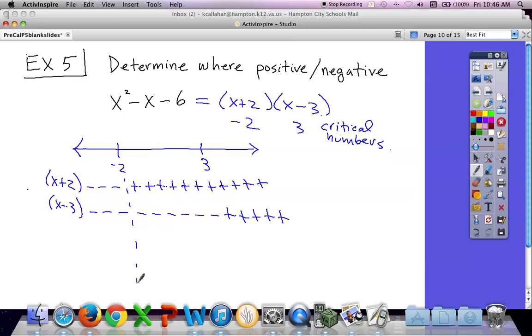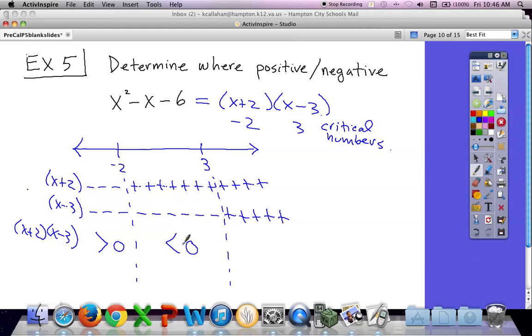So when I look at the product of x plus 2 times x minus 3, when x is less than negative 2, both factors are negative, so the product is positive. It's greater than 0. When x is between negative 2 and 3, one of the factors is positive, but one of them is negative, so it's less than 0.